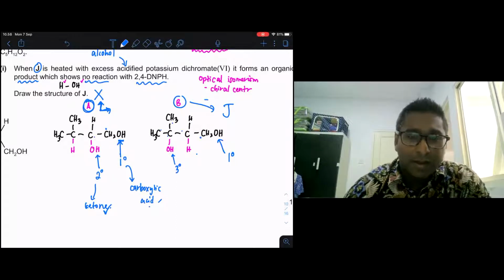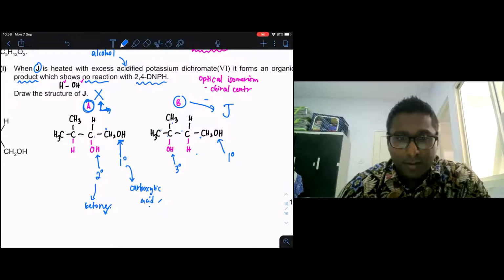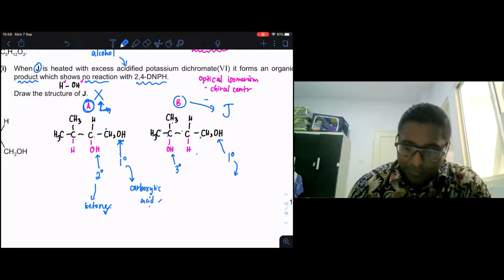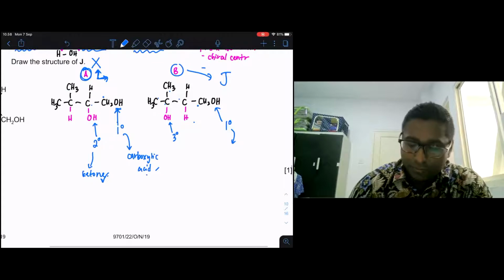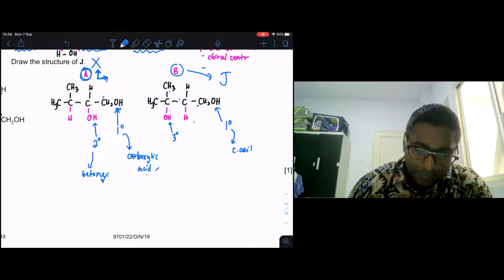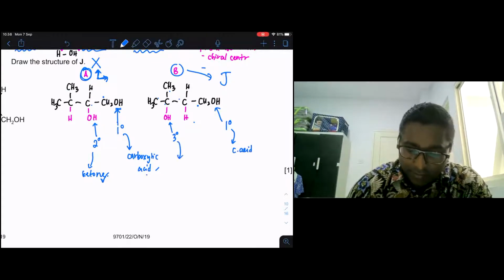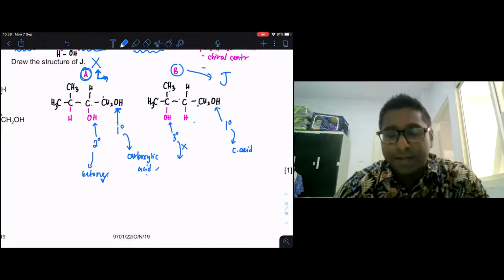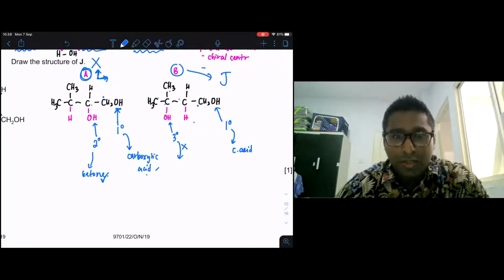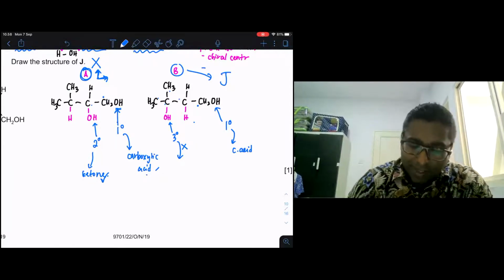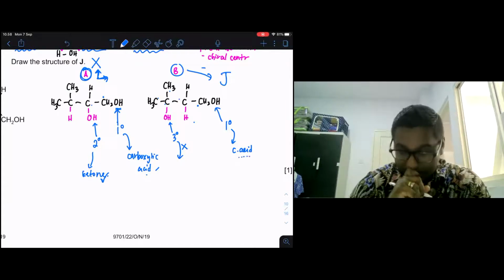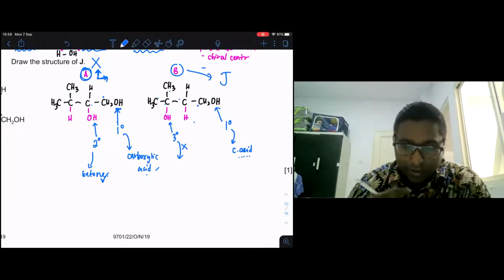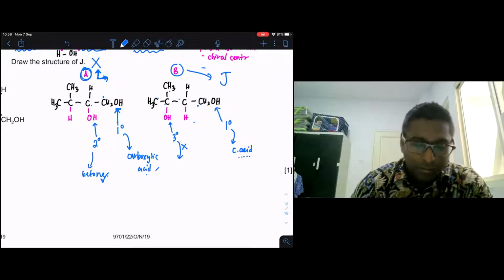Now, when I oxidize this, I will oxidize the primary alcohol to become carboxylic acid. When I oxidize this, there will not be any reaction. A tertiary alcohol cannot be oxidized. So in the final product, I will have carboxylic acid only, and the alcohol group.